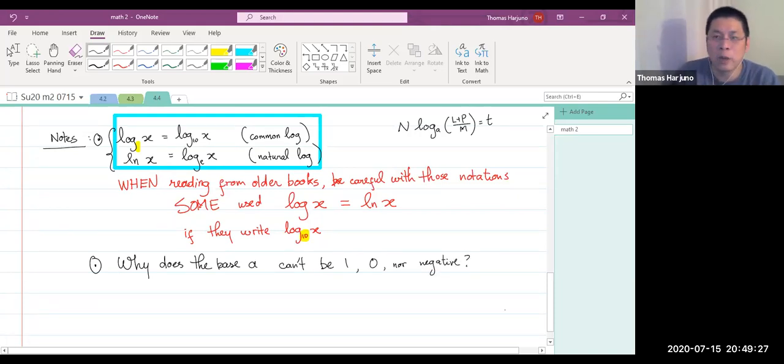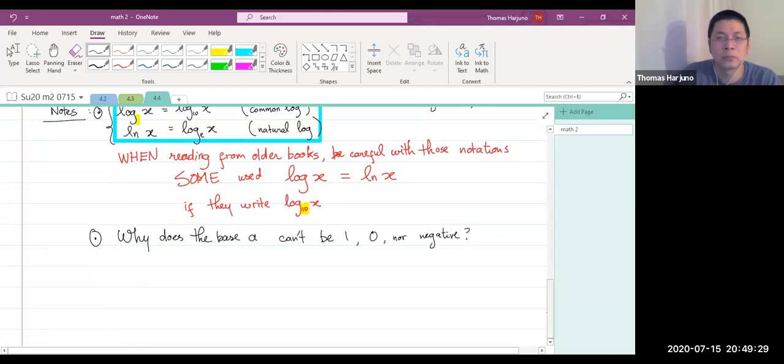Okay, let me tackle it one by one. From the exponential point of view, if a equals 1, then my exponential function f(x) equals 1 to the x, but 1 to the x is just 1. For any x, 1 to that power will be 1.